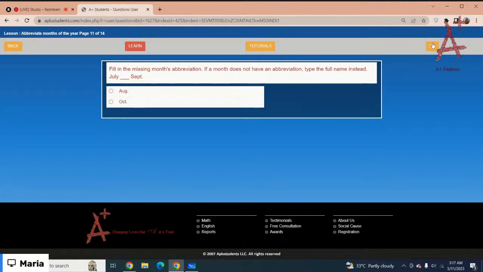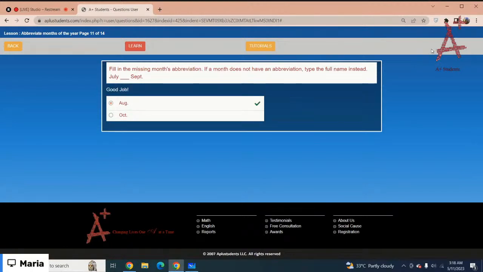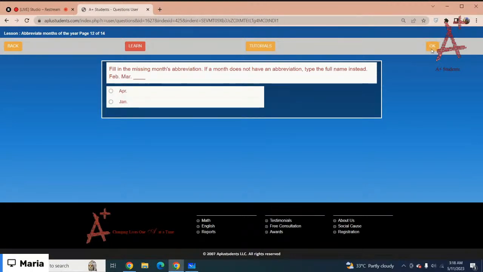Which is the month between July and September? Between July and September, it would be August. The correct option is August. Which is the month right after March?